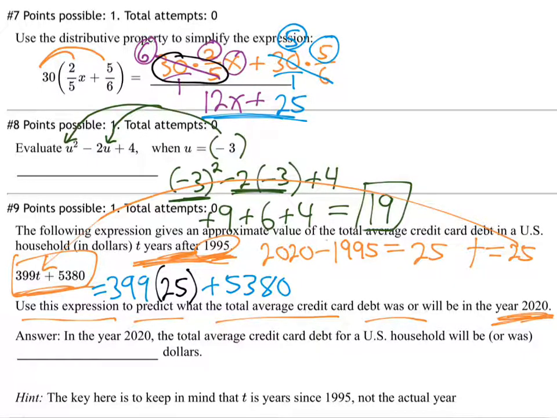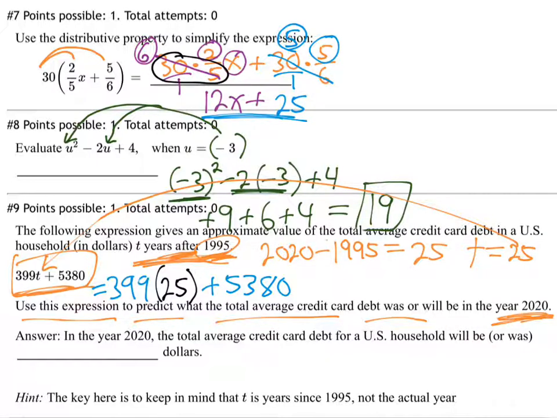Tracking with me? What's happening? So the first thing we did is we said, okay, this T is however many years after 95. So if it's the year 2020, I've got to subtract. It's 25 years after 95, and then plug that in for T in that little formula they gave us.